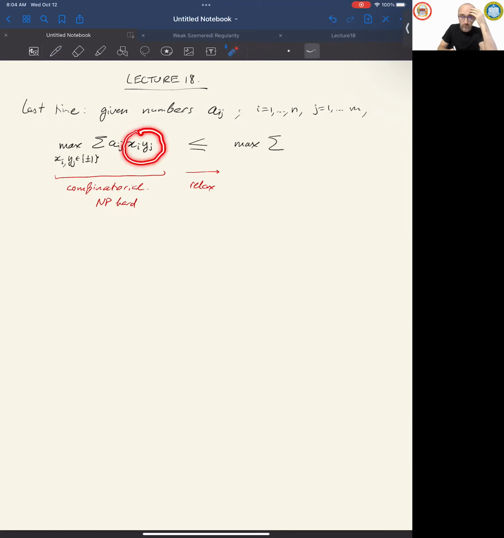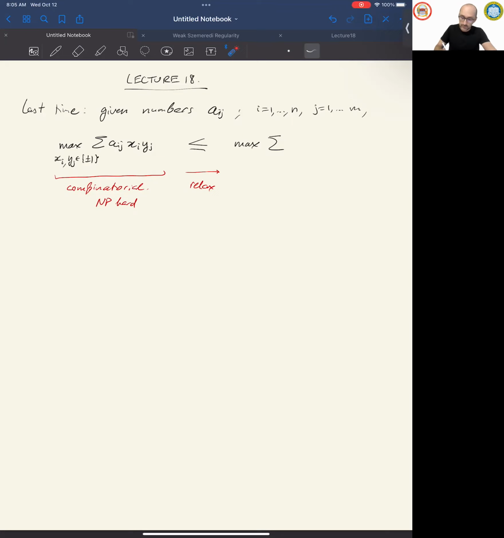Instead of x_i's and y_j's being just numbers, +1 or -1, we let them be now vectors. So both x_i's and y_j's are allowed to be vectors. If they are numbers, +1 is like this and -1 is like this. They're just one-dimensional vectors that are unit. And now I'm allowing them to point in an arbitrary direction in space, including +1 and -1.